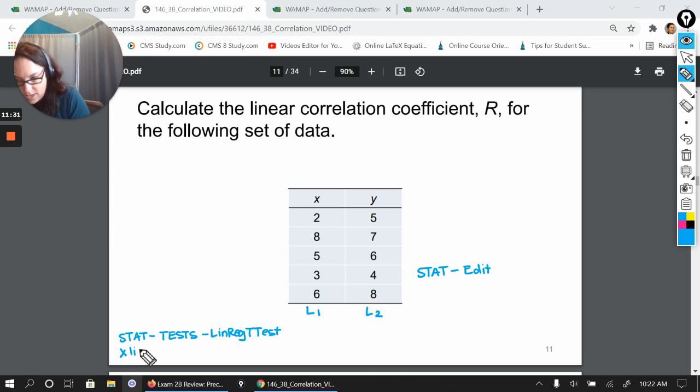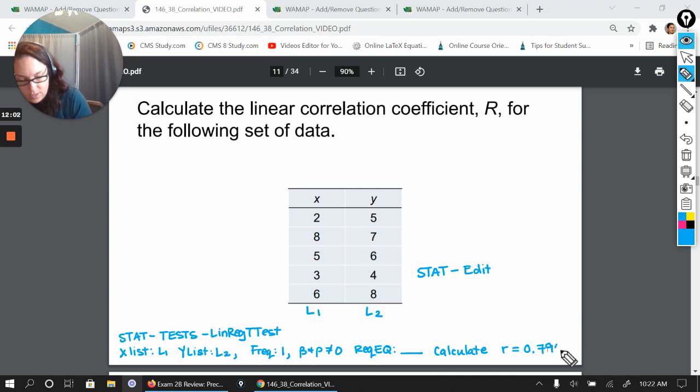So your X list is list 1, your Y list is list 2, frequency is 1, beta and rho do not equal 0, regression equation, and then select calculate. And then you will get an R equals 0.795.